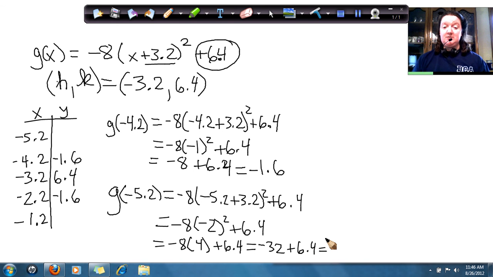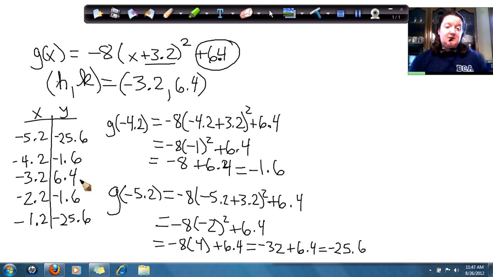Combining those numbers, negative 32 plus 6.4 gives negative 25.6. That's huge, but I think that's how fast things are going because we're multiplying by 8. So this will be negative 25.6.